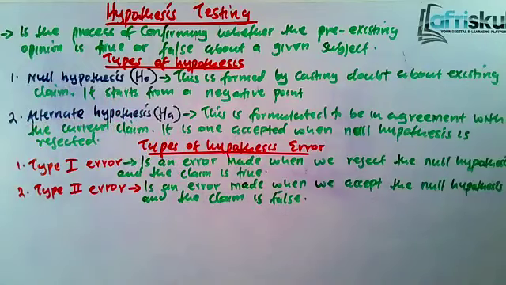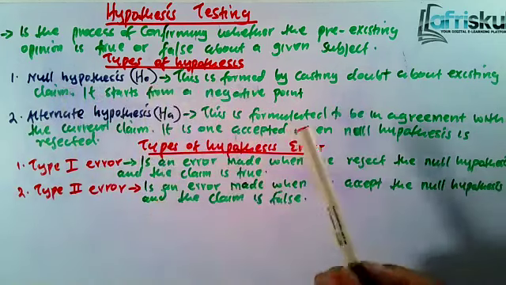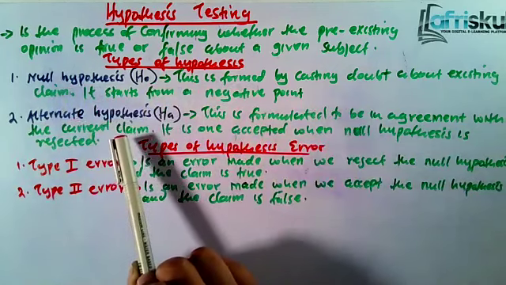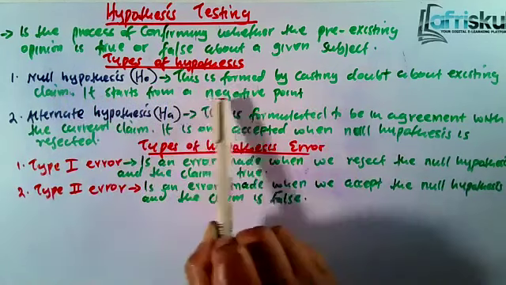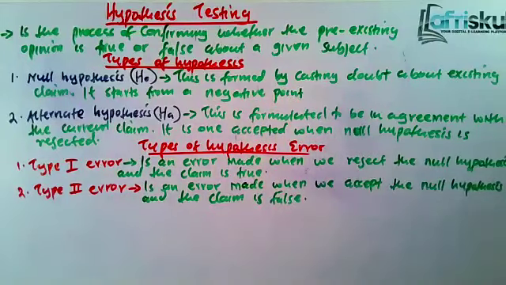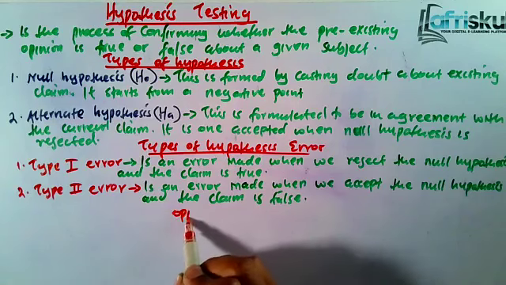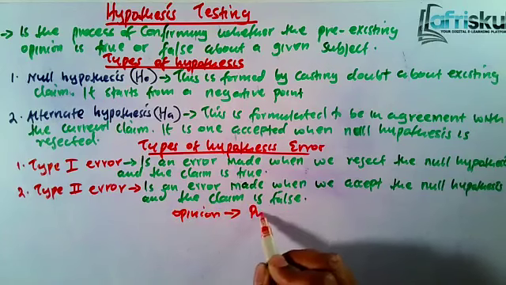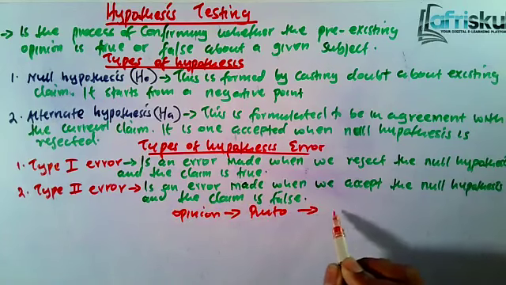The difference is that the null hypothesis, denoted by H0, is formed to cast doubt about a pre-existing claim. That is, it starts from a negative point with the objective of triggering more information. Let me repeat again. The null hypothesis is formed to cast doubt. First of all, you give an opinion. Use me, Ruto will win an election.